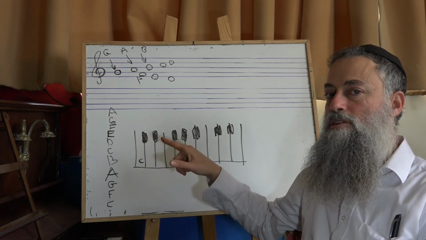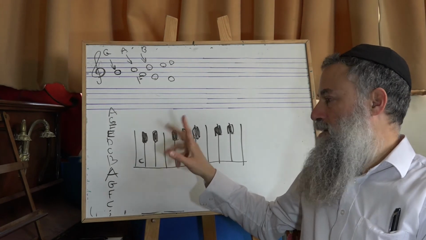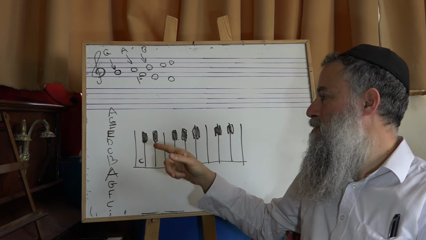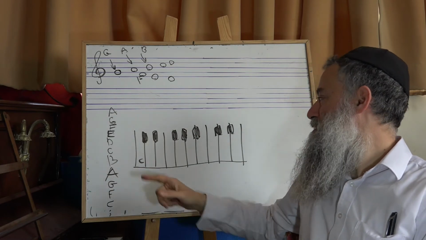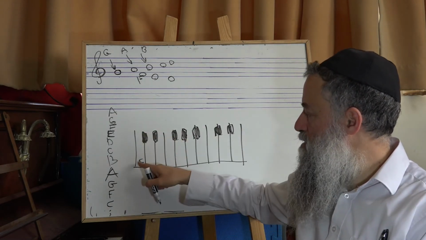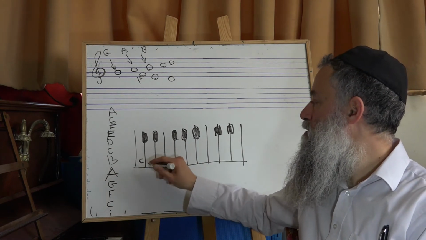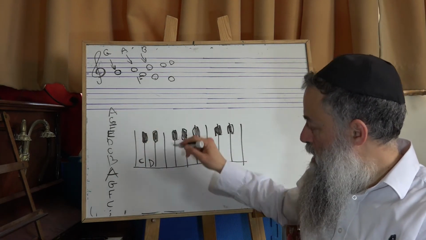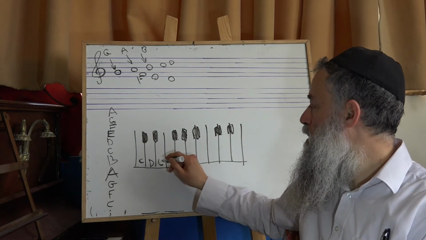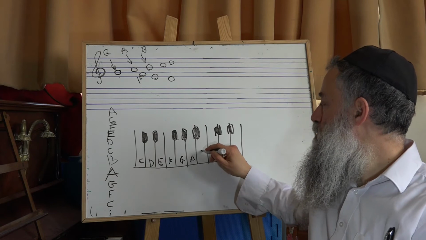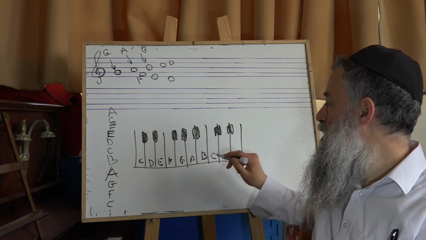Again, another use of the term key, which must not be confused with the key of the musical piece. So this key is called C, and the one which is on its right is called the D, and then the E and the F, G, A, B, and then of course we come back to the C.